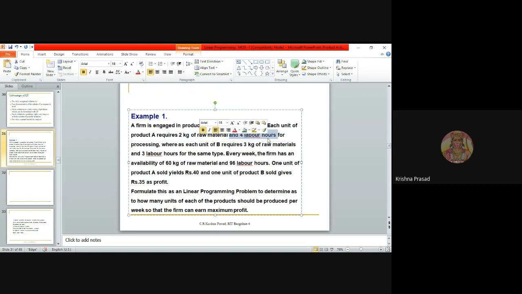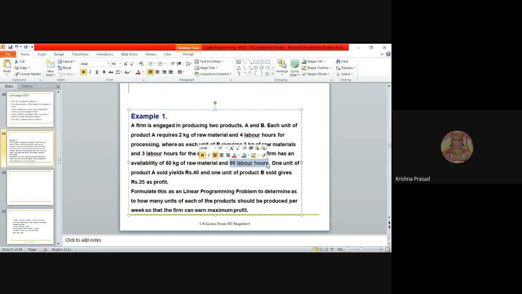For producing product B, we require 3 kgs of raw material and 3 labor hours. Every week the firm has an availability of 60 kgs of raw material and 96 labor hours.